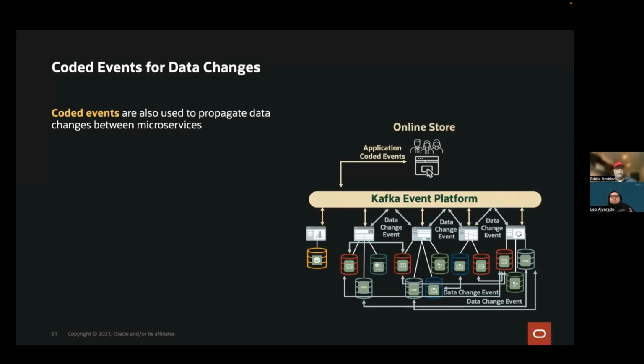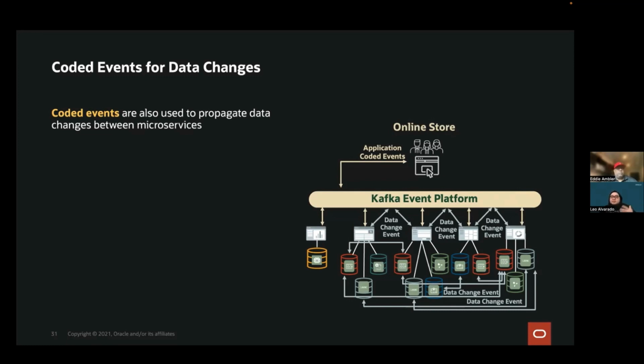Therefore, a transactional consideration and inconsistency or failure causing a lack of atomicity between these two operations must be accounted for. That's why the functionality of coded events for data changes are also used to propagate data changes between your microservices using an event platform like Kafka.